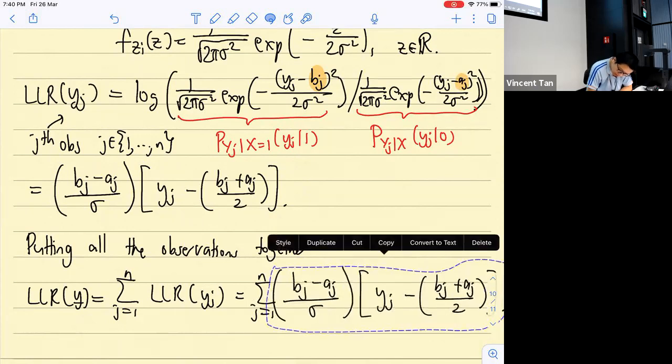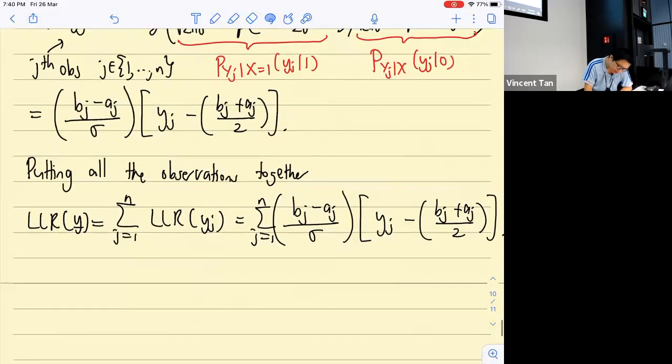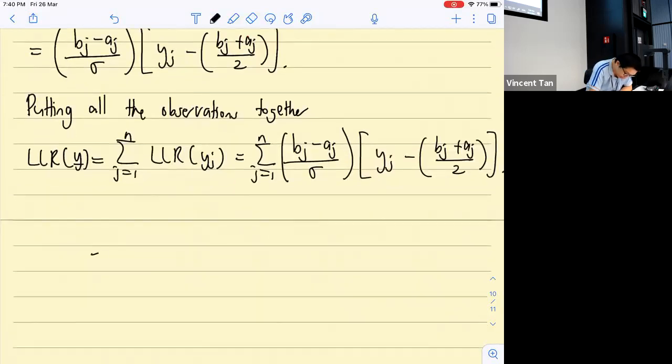Okay, so we can rewrite this in a nicer vector way that can expose more dependencies on the geometry of the problem. We can rewrite this as b vector minus a vector.